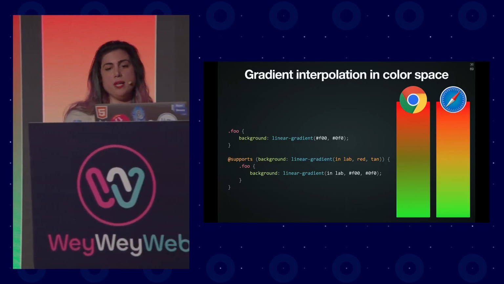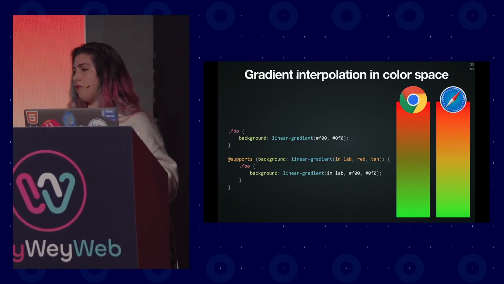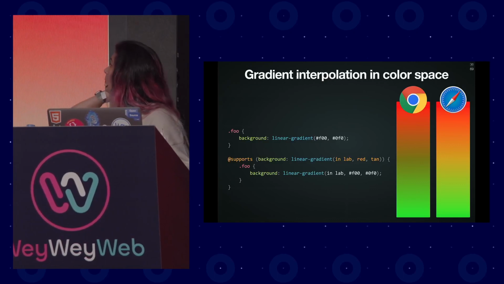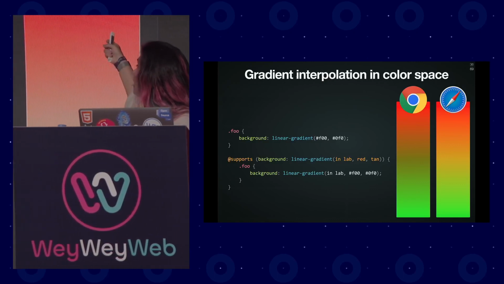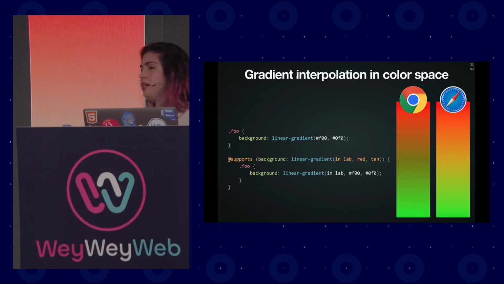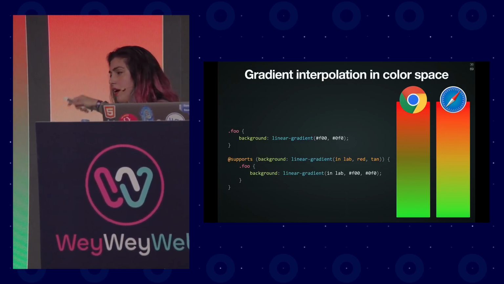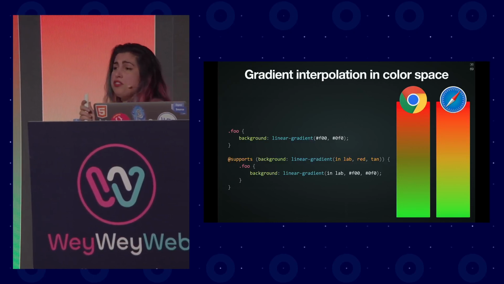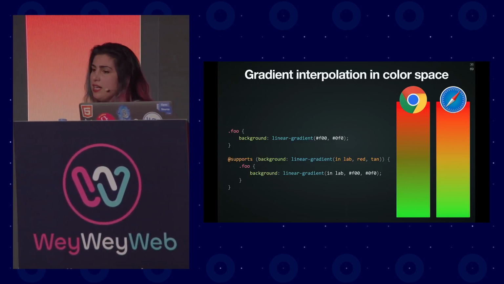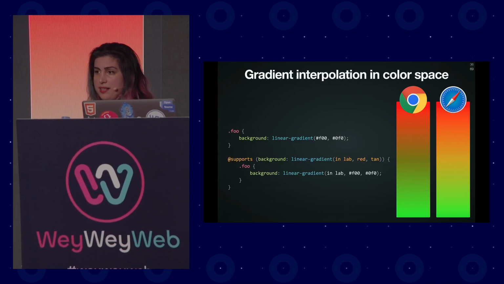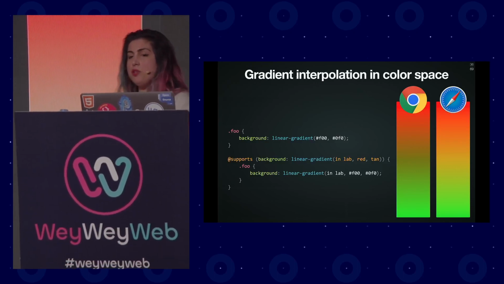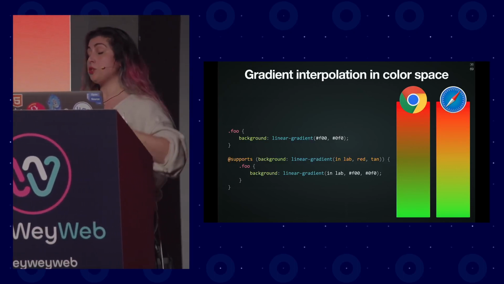This produces really bad results, especially when you have big hue shifts. This is especially noticeable with interpolating from red to green. You can see there's this awful brownish area in the middle where the colors actually get darker. And we've just accepted this as how gradients work. But this is not how gradients have to work. If you interpolate in a different color space, you can get much better gradients.